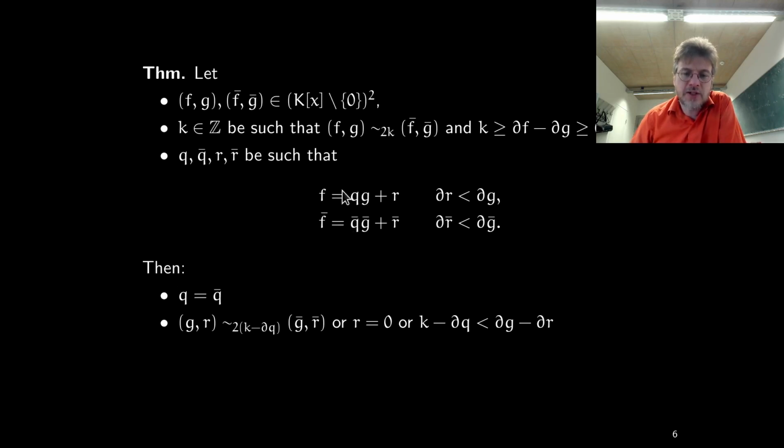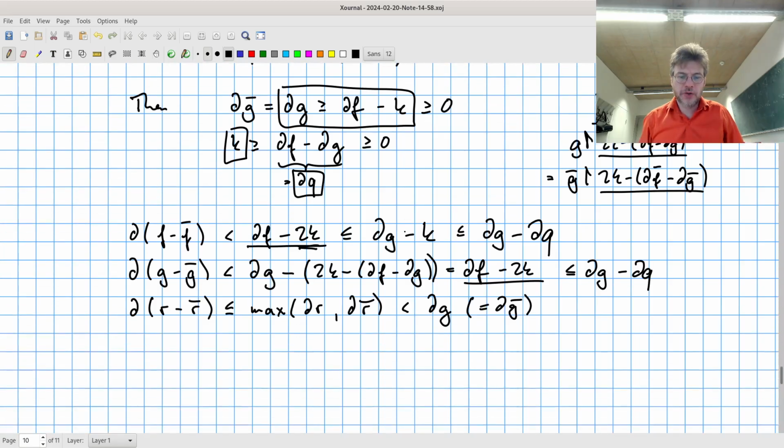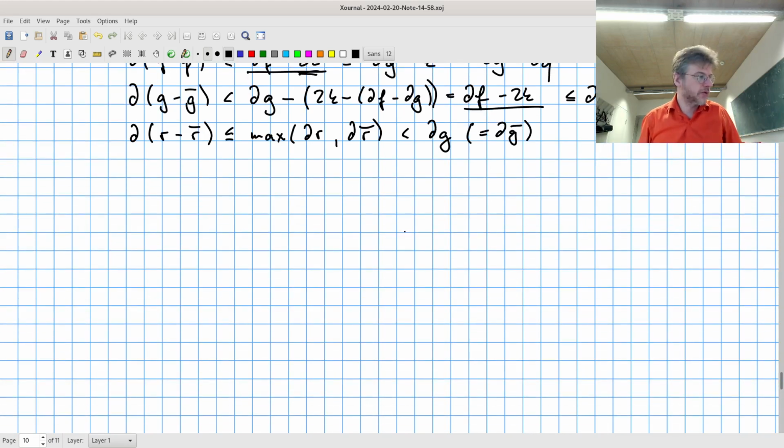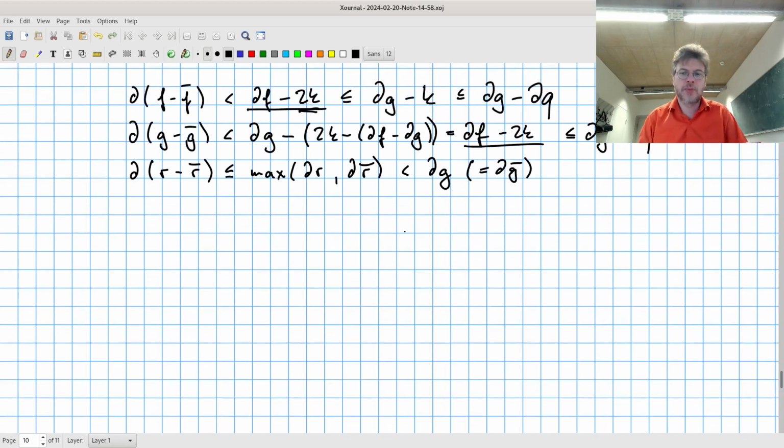Let's consider the difference of these two equations, because then we get the difference of f and the difference of g and the difference of r. And for these quantities we have just now derived bounds on the degree, and they will allow us to make a conclusion about the q and the q bar.